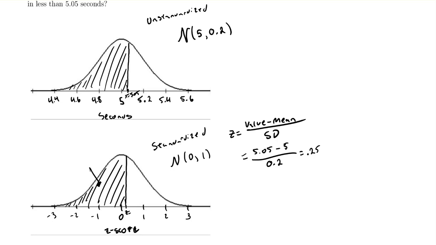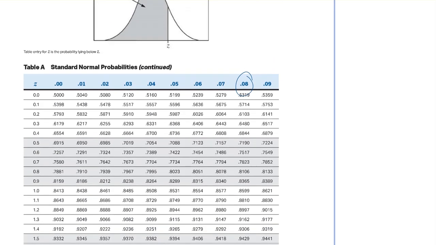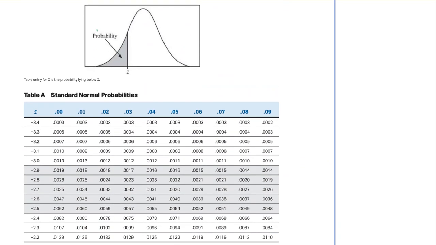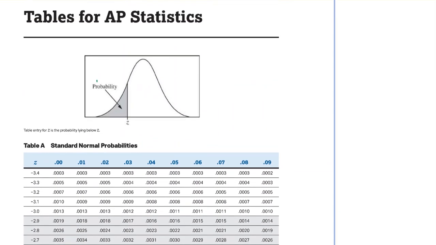So here's a table. This is a standard normal probabilities table. You can find them on the internet. You can find them in most textbooks. The one thing you need to make sure of, some tables will give you the area to the left of a z-score, like it's indicated here, but some will give you the area to the right.